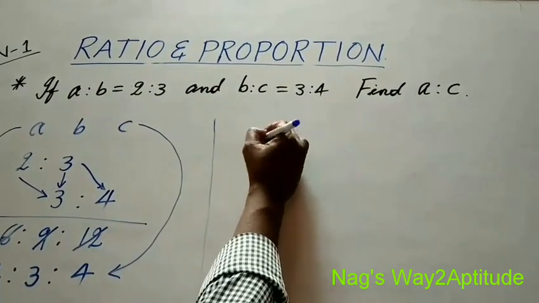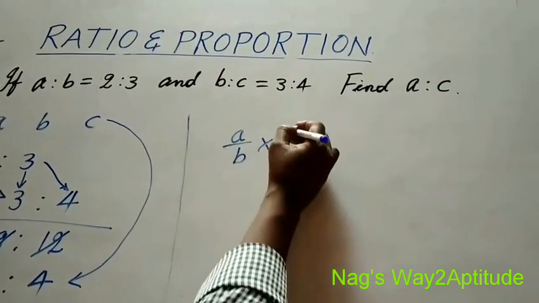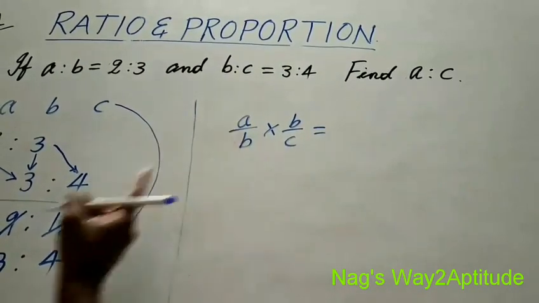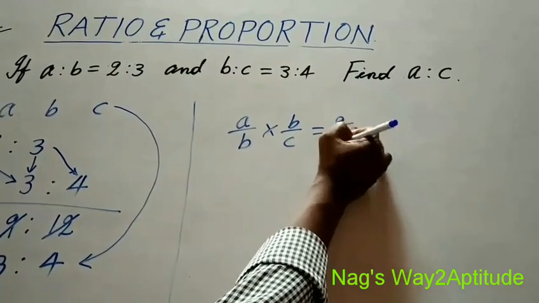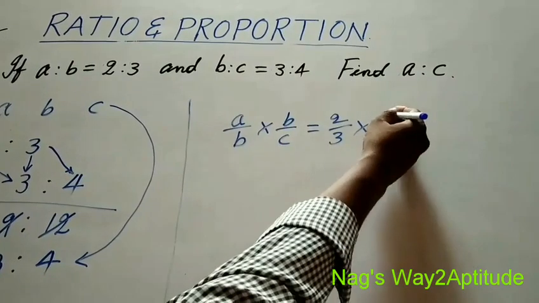A is to B can be written as A by B into B is to C can be B by C is equal to, what is the value of A by B? A by B will be 2 by 3 into B by C will be 3 by 4.